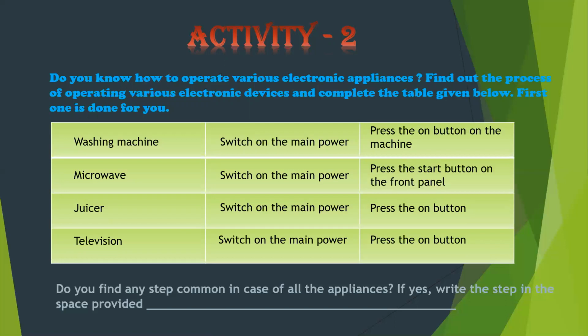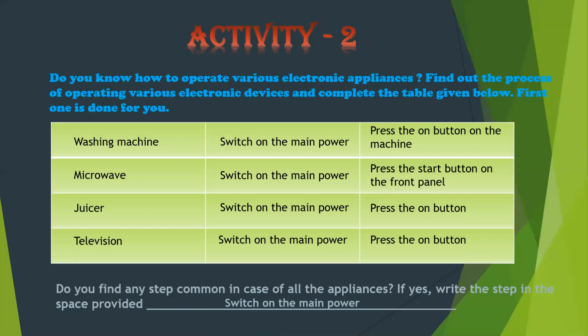Then press the on button. So in this way, we have to switch on these electrical appliances. Do you find any common step in this, children? Which step is that? Can you find out? Yes, very good. It is switch on the main power. Now, you all came to know how to start a computer.